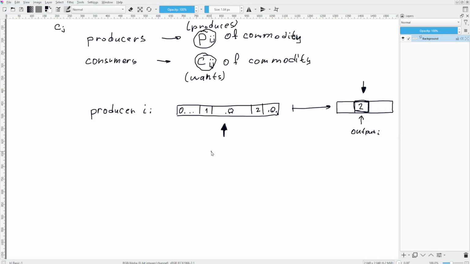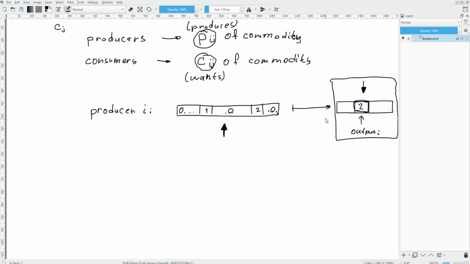So, what we are actually doing during production is the following. We have a certain supply, right? Supply is generated by these vectors.